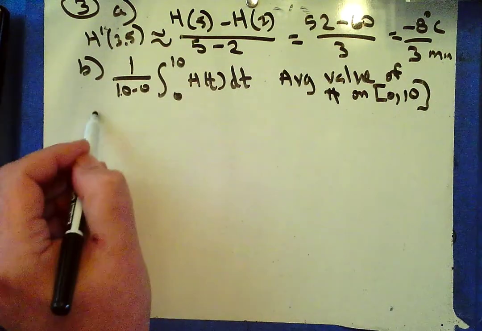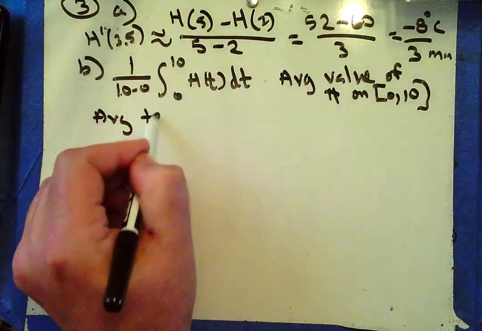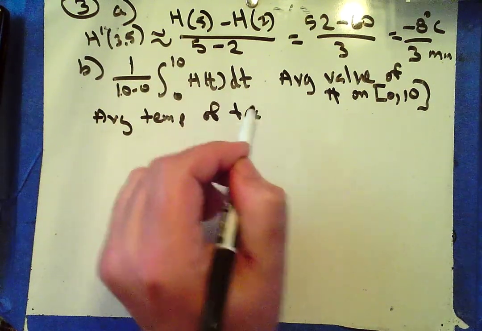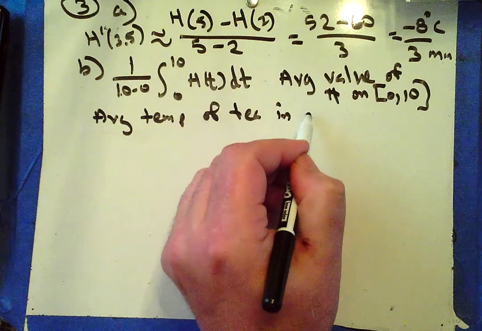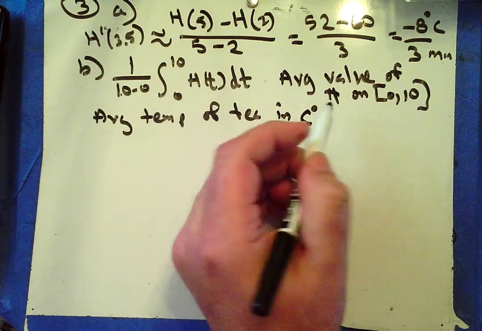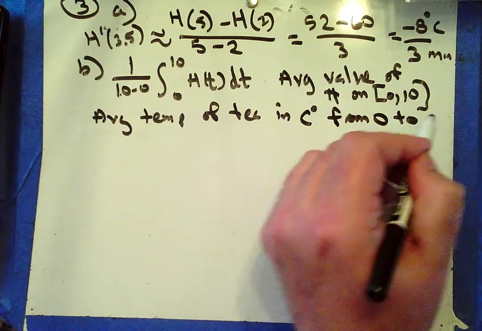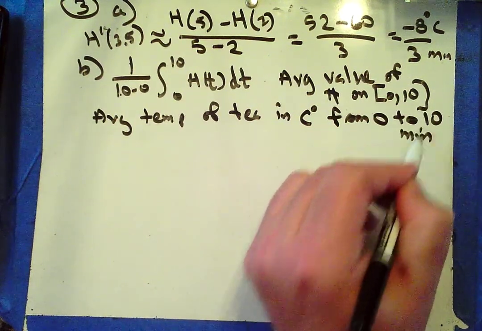And so in our problem, it's the average temperature of the tea in Celsius degrees from 0 to 10 minutes.